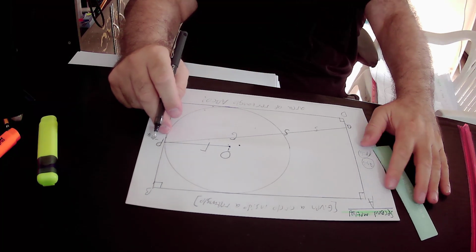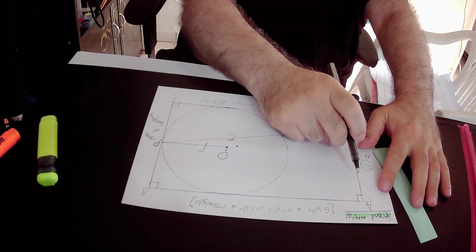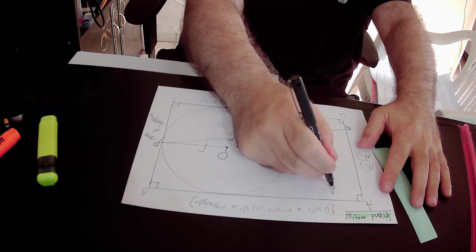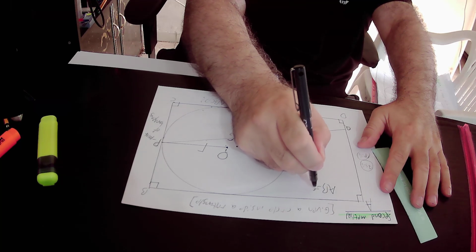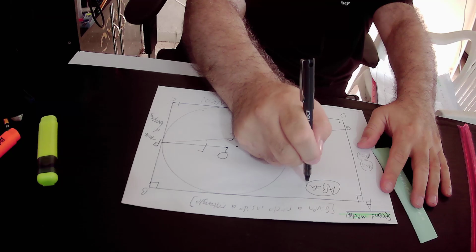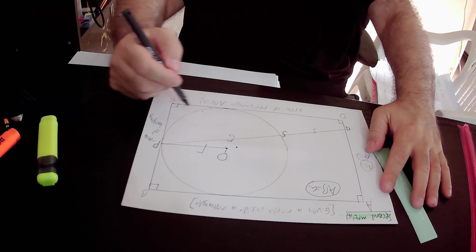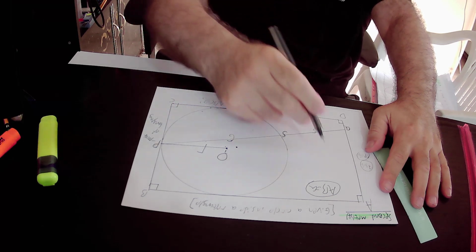And we define side AB as A. We define the length of side BC of rectangle ABCD as B.